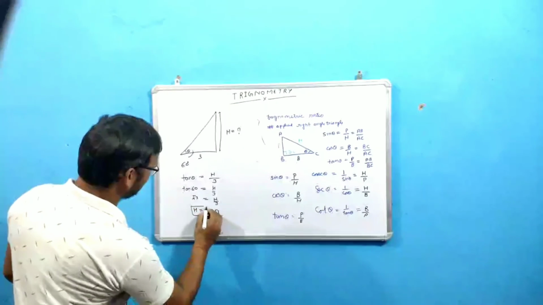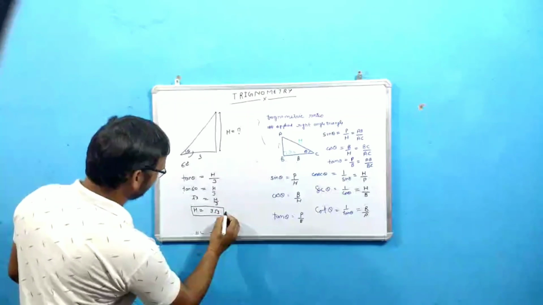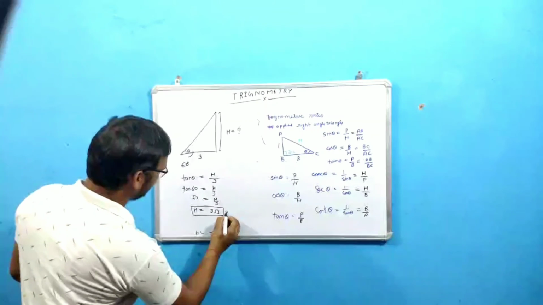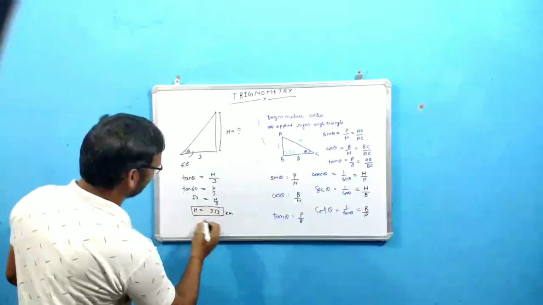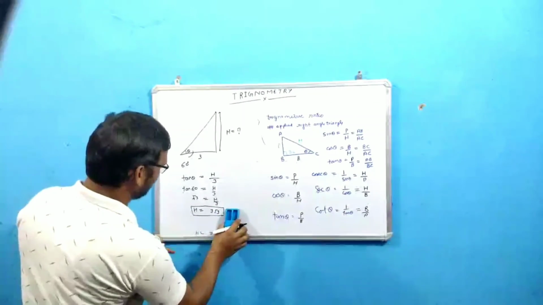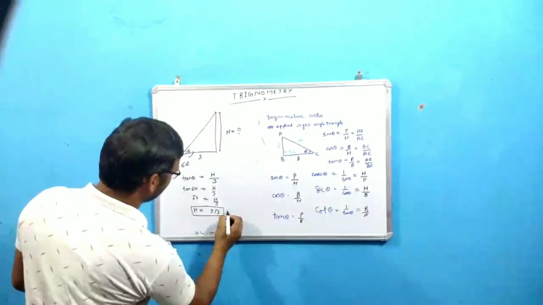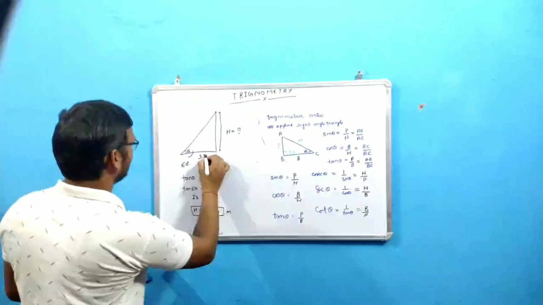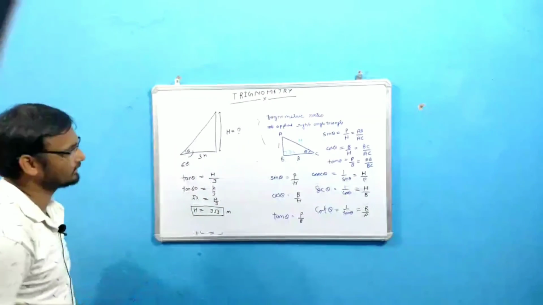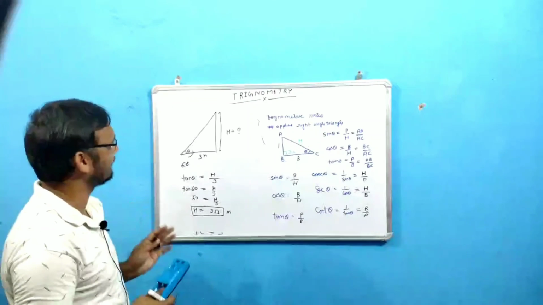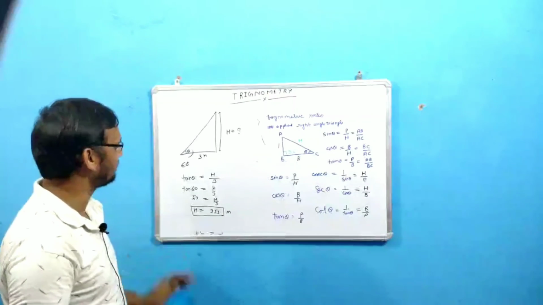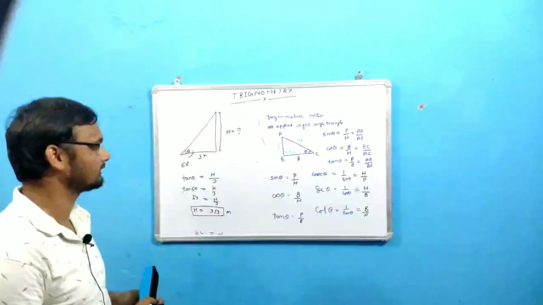We can take the unit as meters. So this is the example of trigonometry when we measure the height of any tallest building.